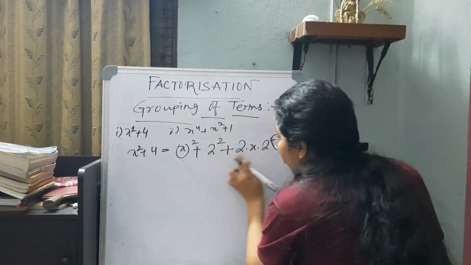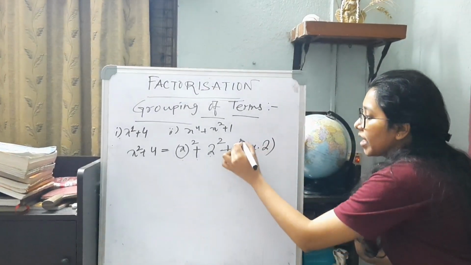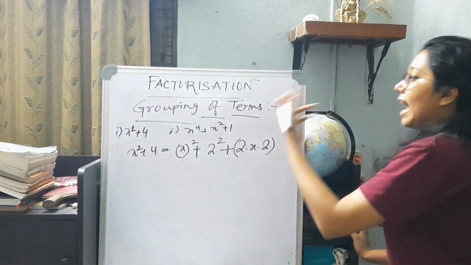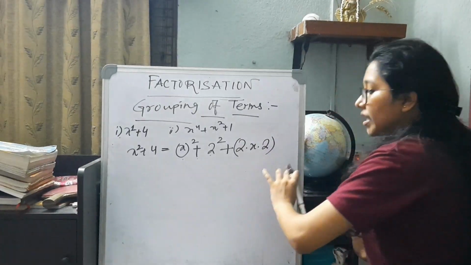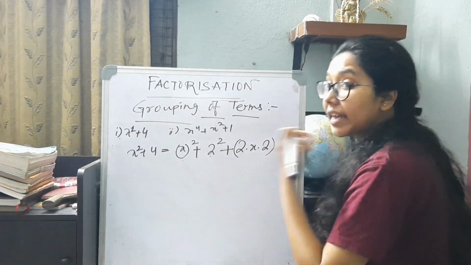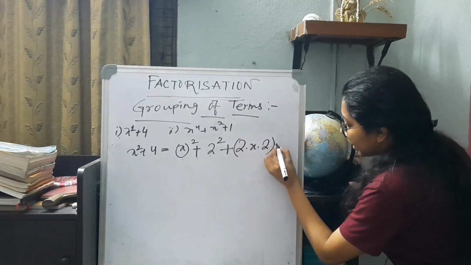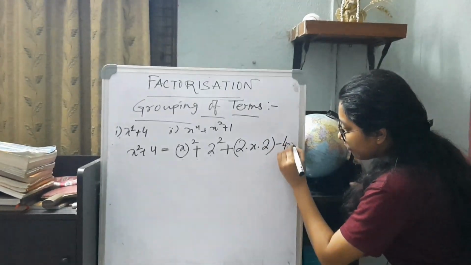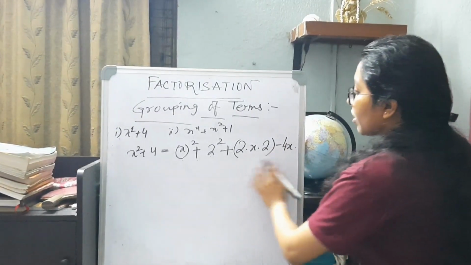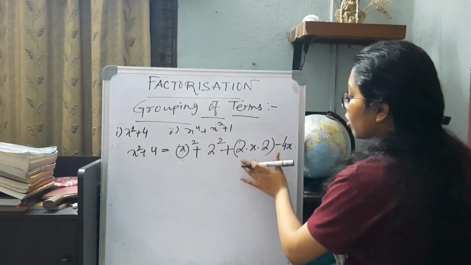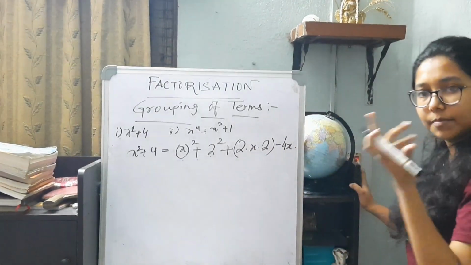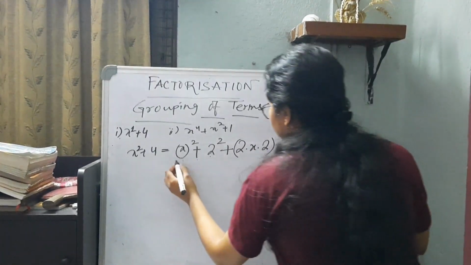If I add 4x to this, but I added this 4x here and it was not supposed to be here, so I can make an adjustment by subtracting this 4x. So it remains neutral. The same expression is here because plus 4x minus 4x becomes 0, right?